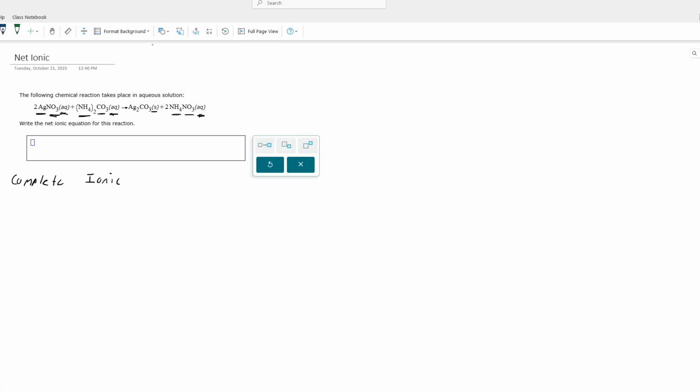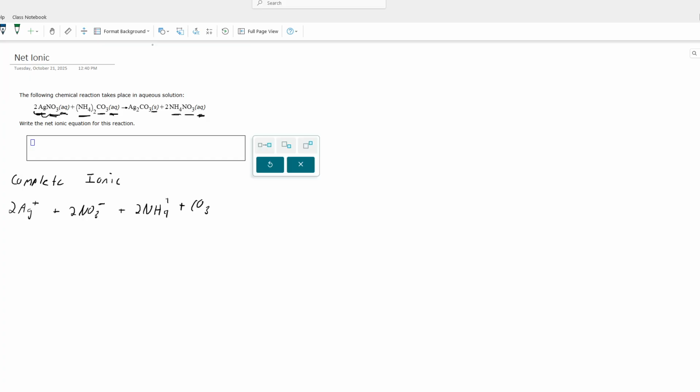So I have 2 Ag, it's a +1 charge. You should know that. Plus 2 NO3 minus. That 2 is distributed to both of those. Plus the 2 ammoniums, plus the carbonate ion.